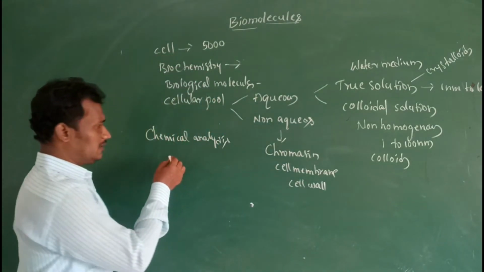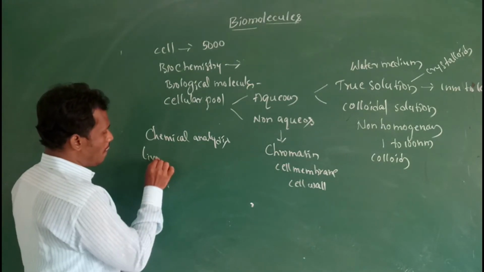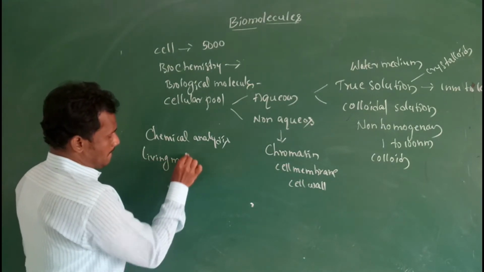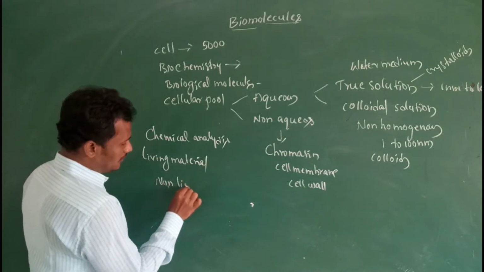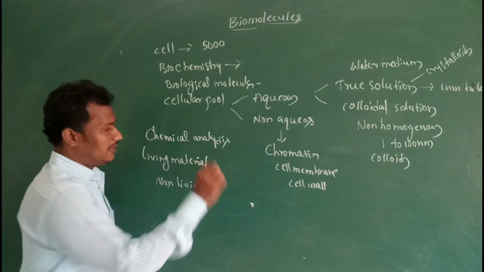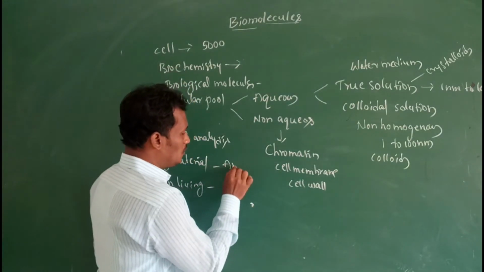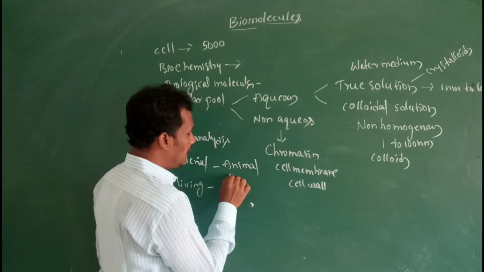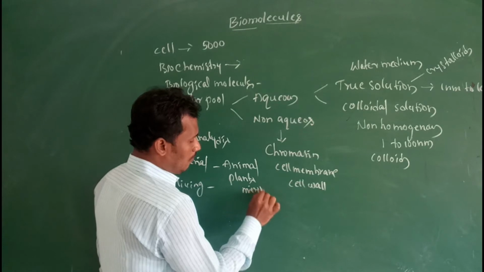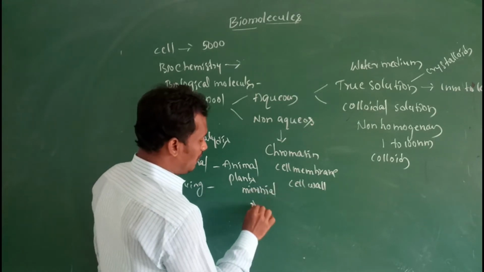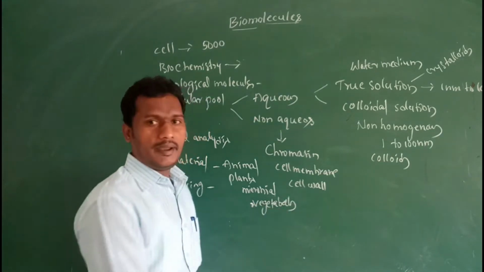So chemical analysis is done by taking living material, then non-living material. Living material may be living tissues, so animal tissue, then plant tissue, microbial paste or vegetable tubular materials.